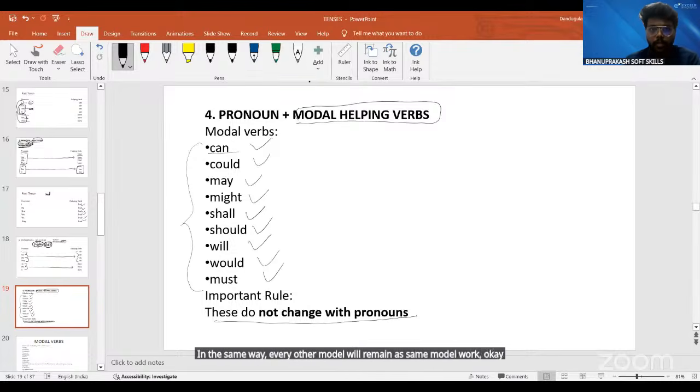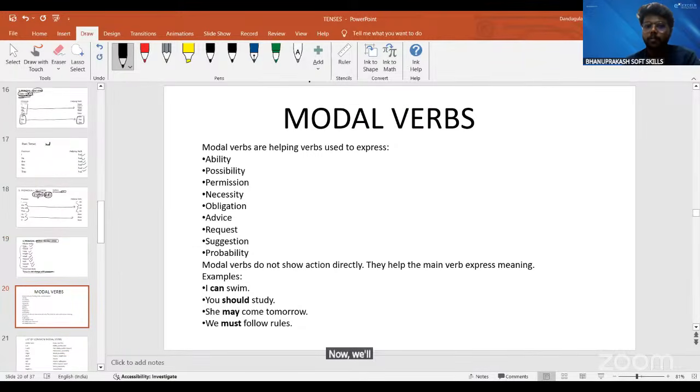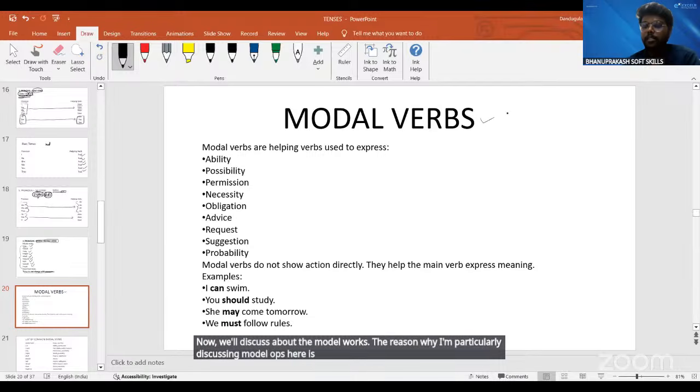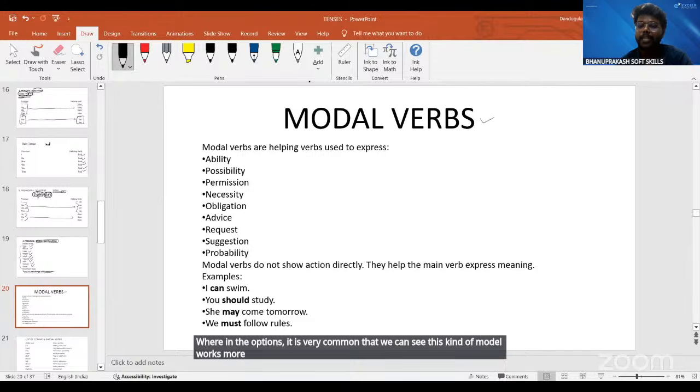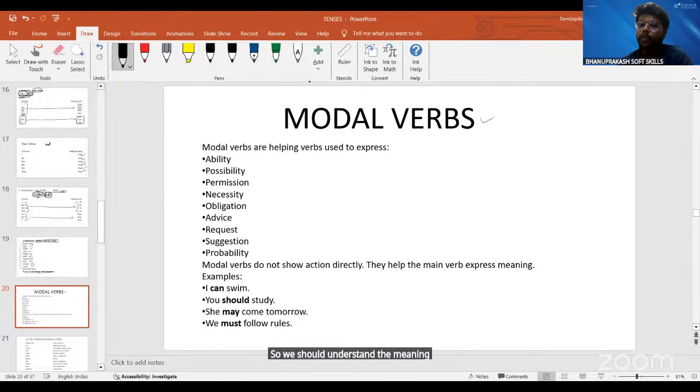Okay. Now we'll discuss the modal verbs. The reason I'm particularly discussing modal verbs here is we may expect separate questions on these modal verbs also, like in the cloze test or somewhere, where in the options it is very common that we see these kinds of modal verbs. So we should understand the meaning of those and when we should use them.